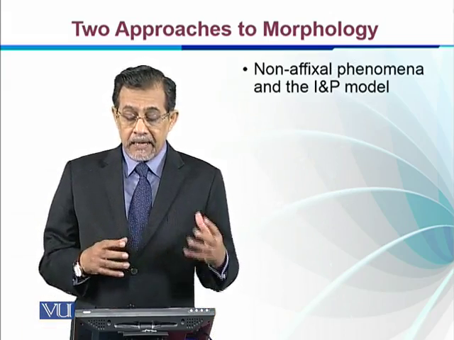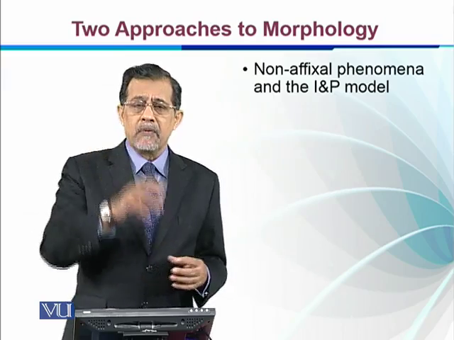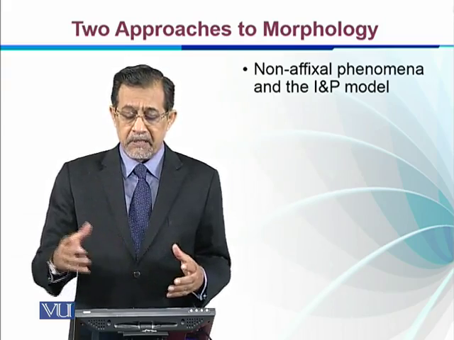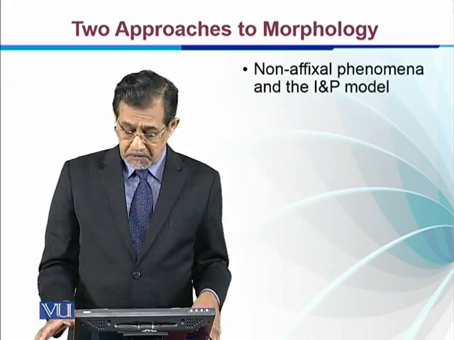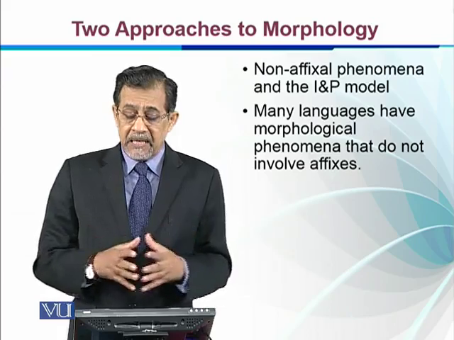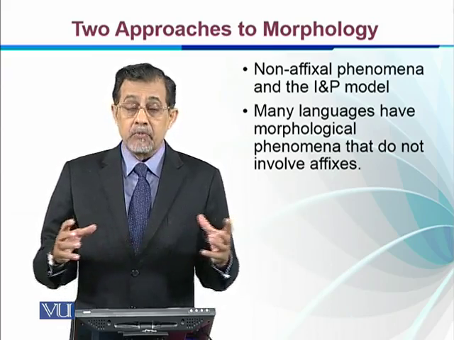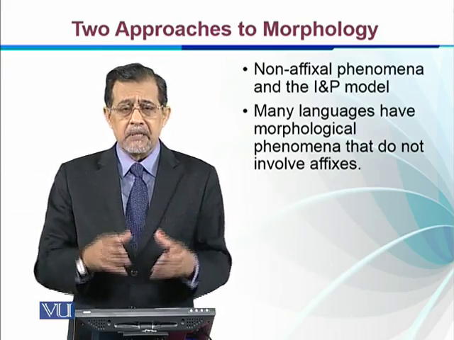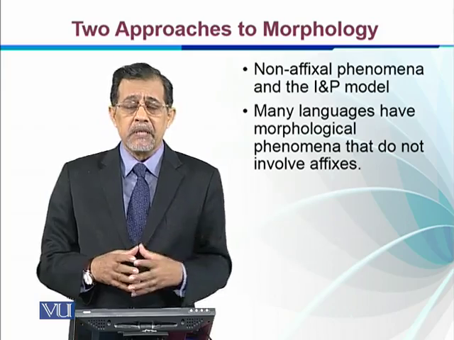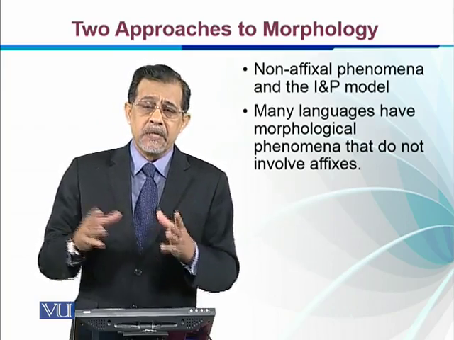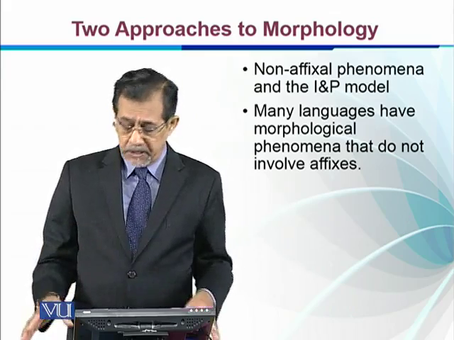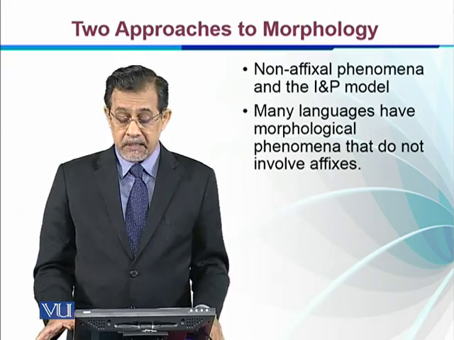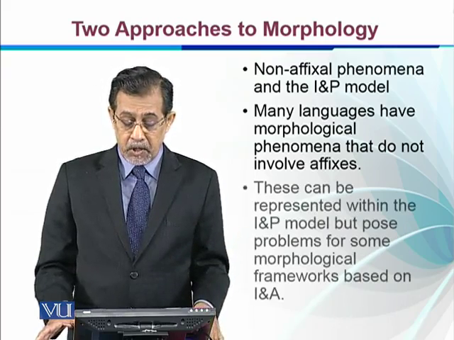Non-affixal phenomena and the item and process model. Now let's look at cases in which no affixation takes place, especially with reference to the item and process model. Many languages have morphological phenomena that do not involve affixes. For example, Vietnamese is a very simple language in terms of morphology. It doesn't have complex words in it, and there are other languages too. So how does it happen in the item and process model?